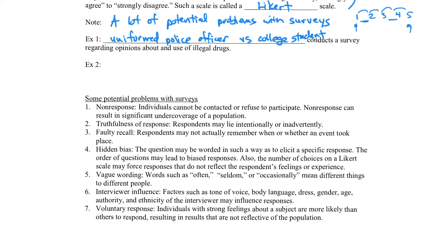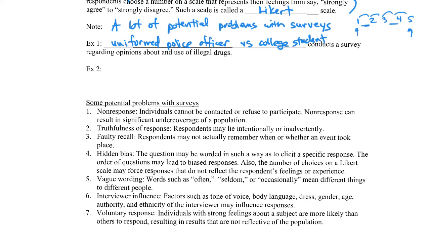So when you get a chance here, just take a look through here. The takeaway is be careful of information that comes from surveys. Another example that you also have to be a little skeptical of is mail-in surveys, which are not done too much anymore.